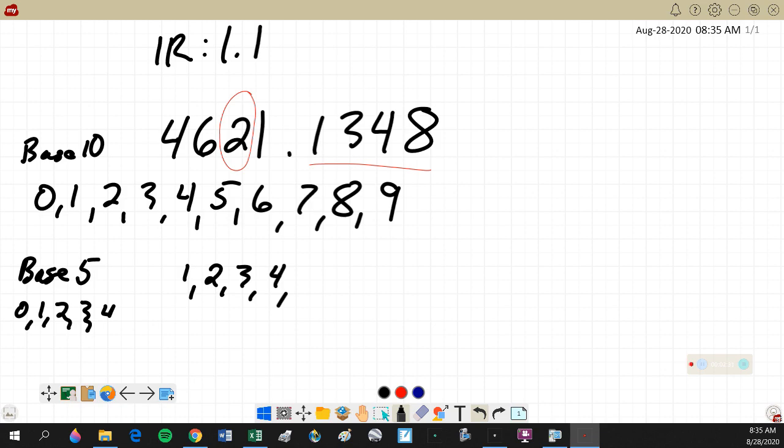There is no 5. Right? The number 5 does not exist. There's no 6 either. So what happens in decimal when we run out of numbers? You go to the next level. So the next number is 10.